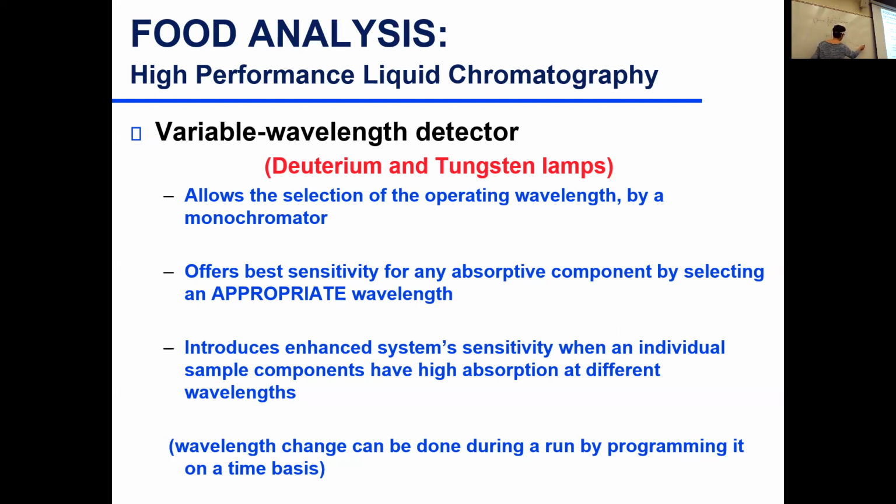So here you have absorption at different wavelengths. Let's say this is 230, this is 254, and this is 280. So this is a compound that potentially absorbs at multiple wavelengths.